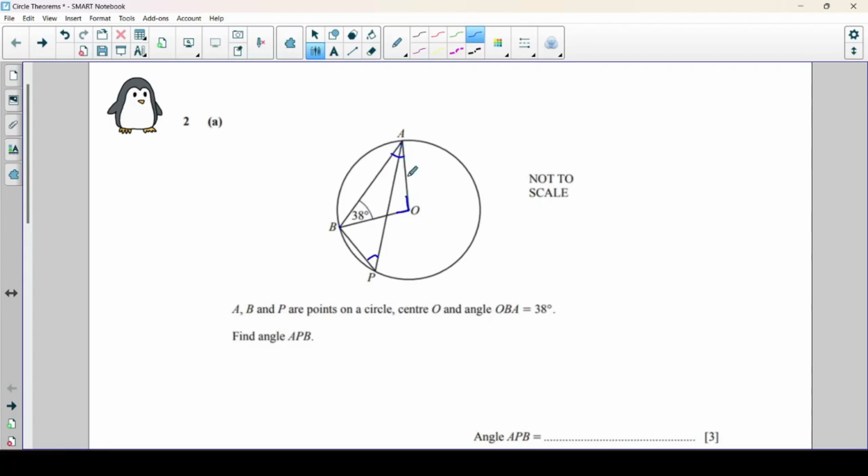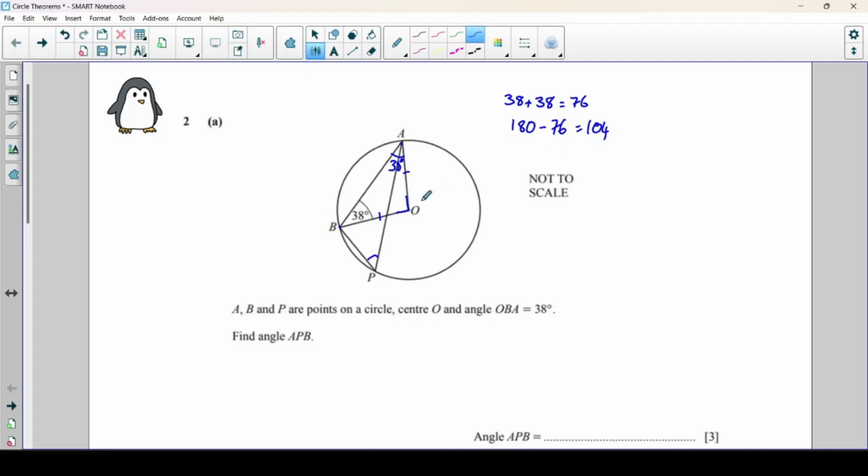It's an isosceles triangle because both of these are radii of the circle. That makes this thing here 38 degrees. Then I'm going to add those together, that's 76. And I'm going to subtract that from 180, which gives me 104.